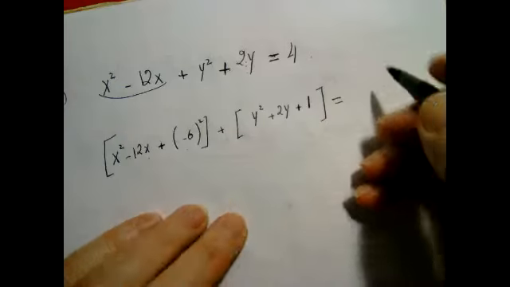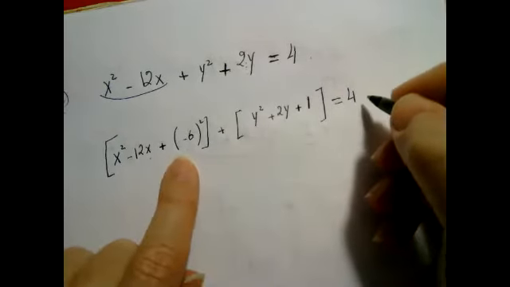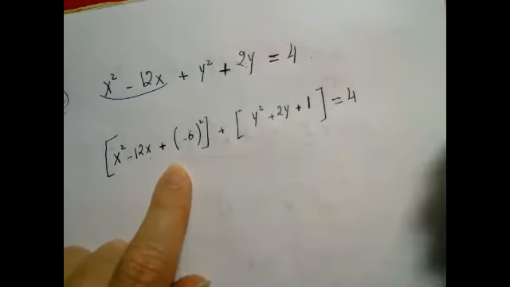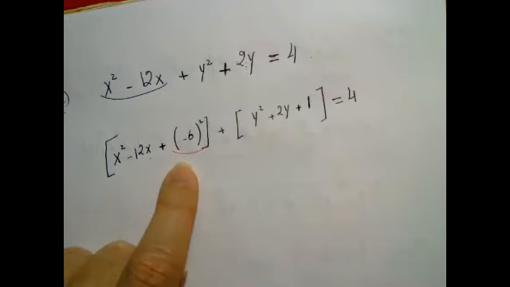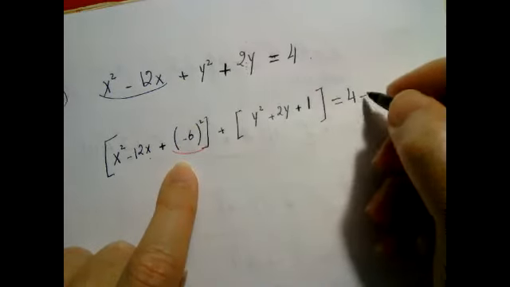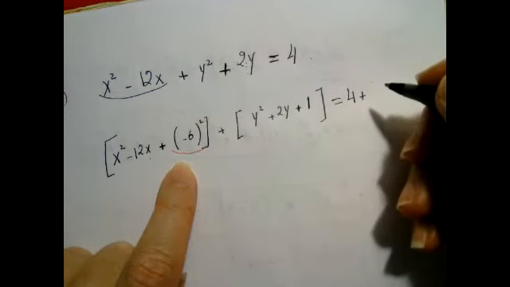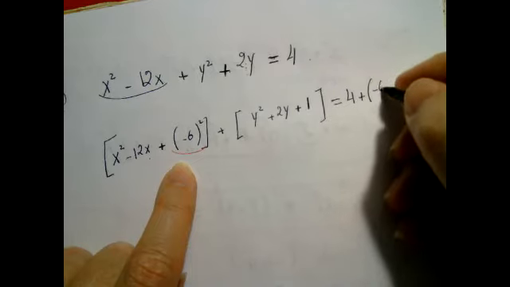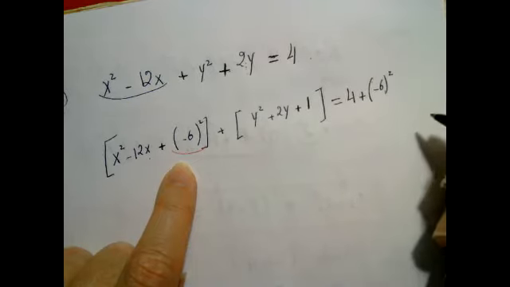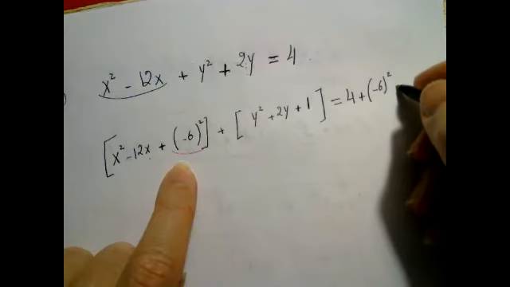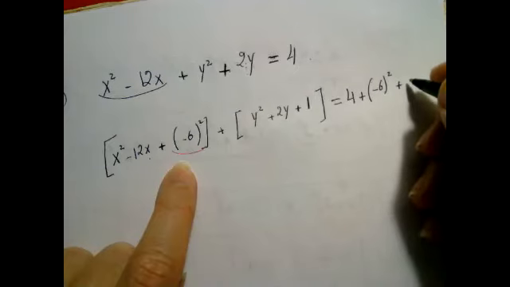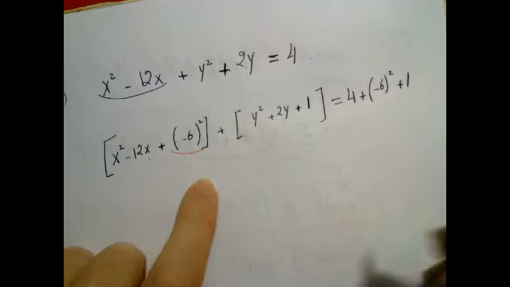Okay, what did you get on the right side? 4 plus 6 squared, minus 6 squared, I mean. So how do you want me to write the minus 6 squared? Parentheses, and then minus 6, and then squared. Right. And then plus 1 squared, which is just 1?